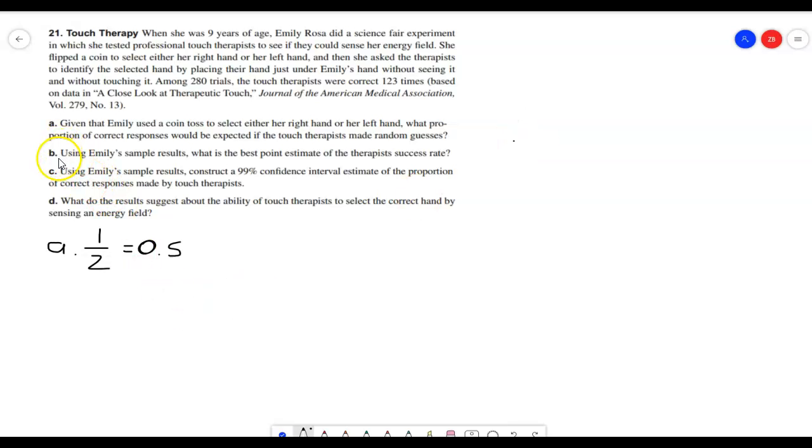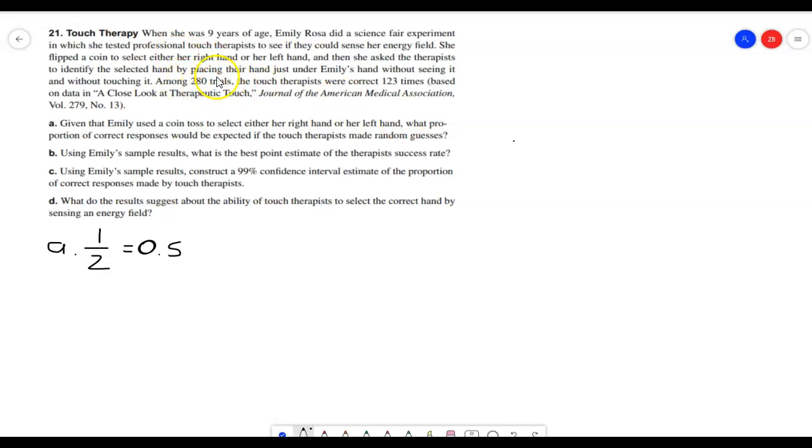All right, B. Use Emily's sample results. What is the best point estimate of the therapist's success rate? So remember what the point estimate is. We're trying to get the point estimate for the whole population of all therapists. And our best point estimate is going to be the point estimate from the sample that we've collected.